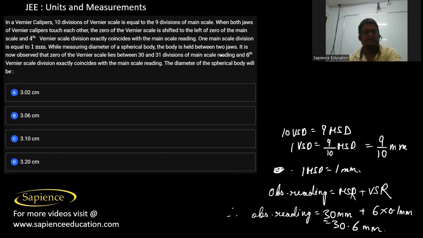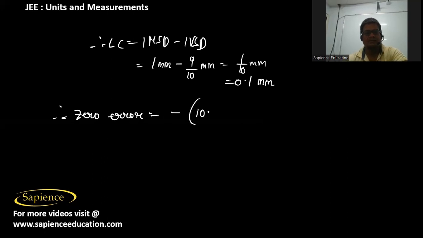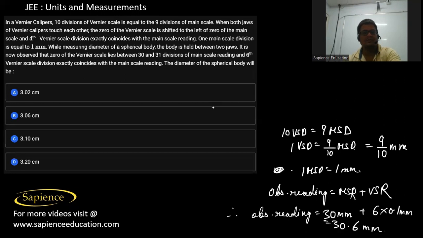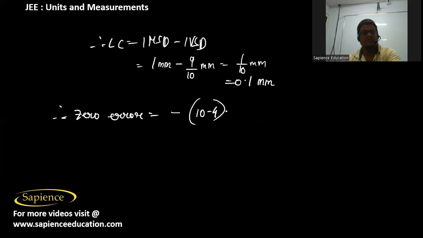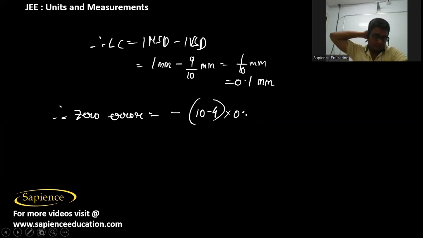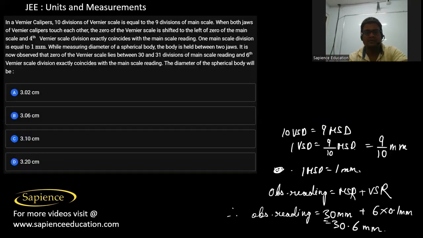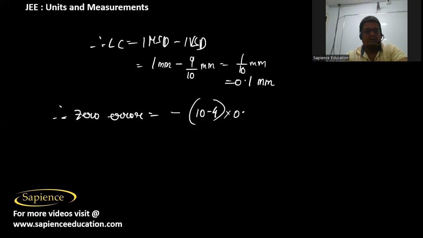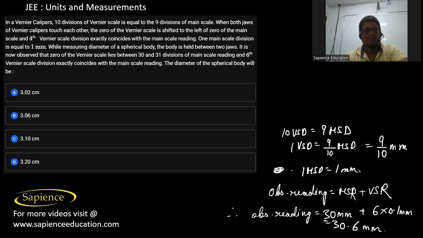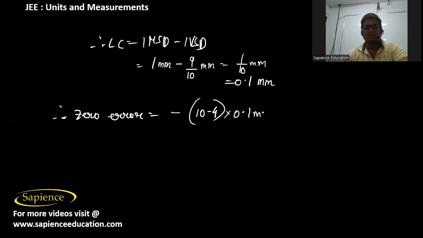Fourth vernier scale division, minus of 10 minus 4 into 0.1 millimeter.